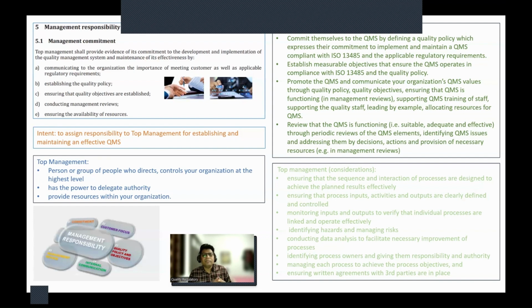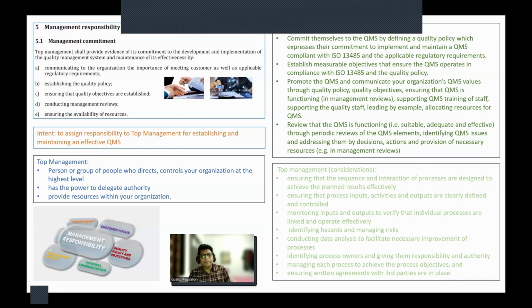Promote the QMS and communicate the QMS value in the organization through the quality policy and quality objectives, ensuring that the QMS is functioning through management reviews, supporting QMS training of staff, supporting the quality staff, leading by example, and allocating resources for the QMS.